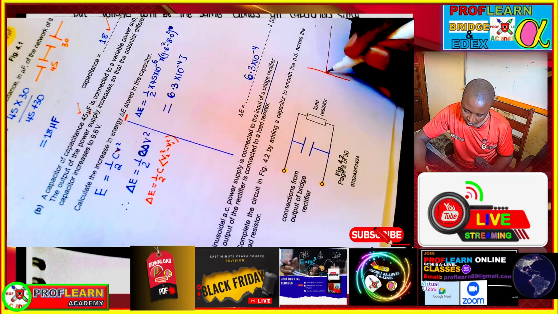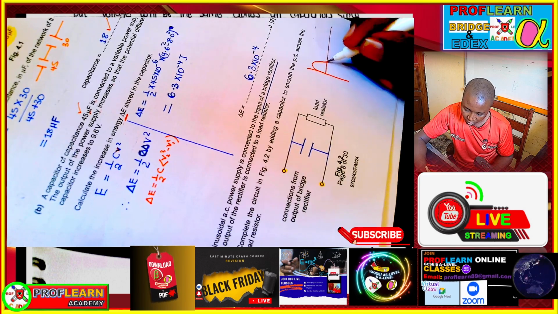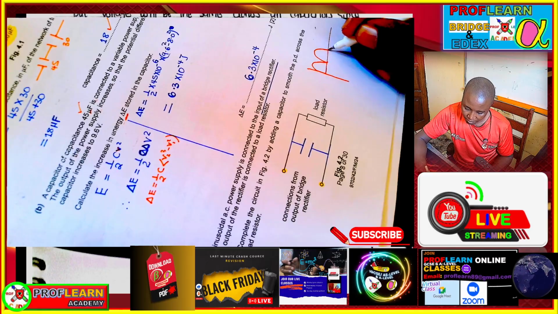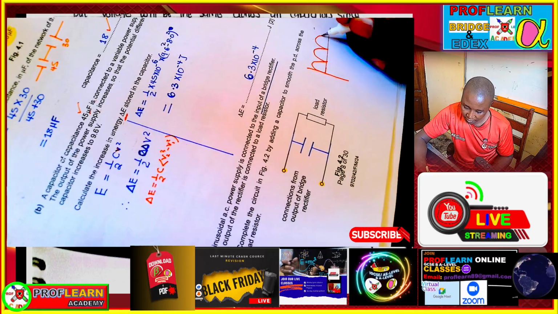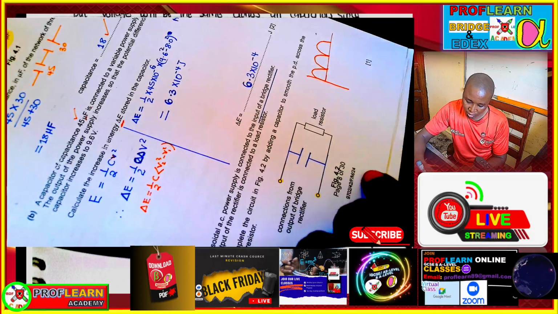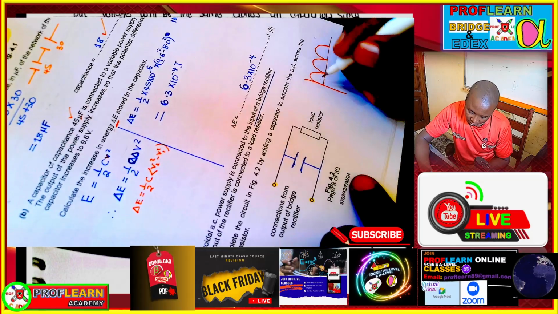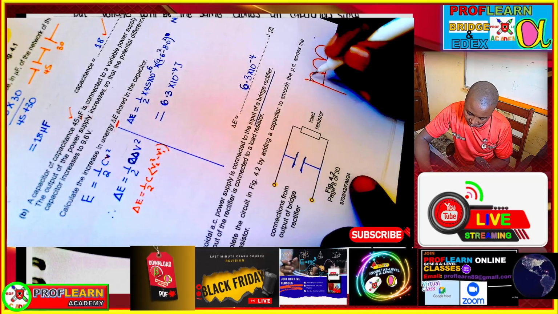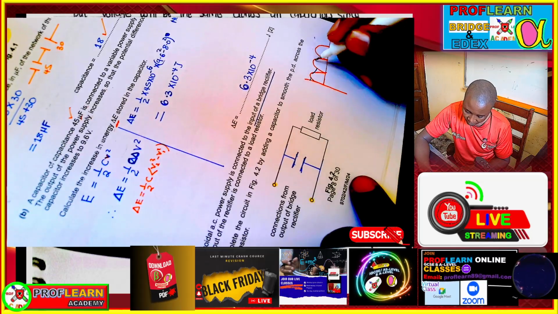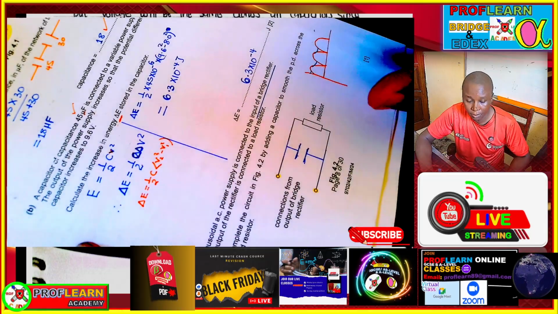In the process of full wave rectification, you are going to have the PD varying like that. To prevent the PD from coming to zero, you need to connect a capacitor somewhere there, so that the PD is smoothed and you reduce the ripples.